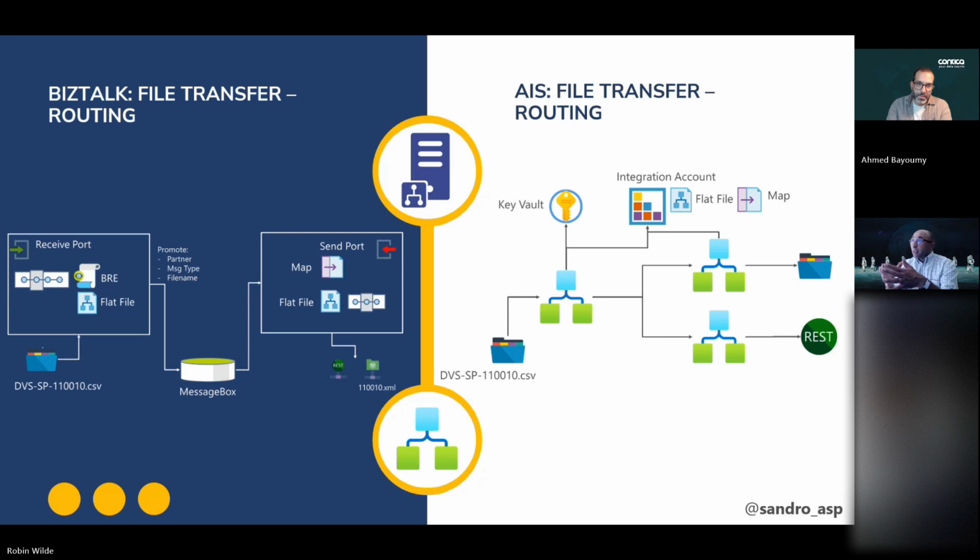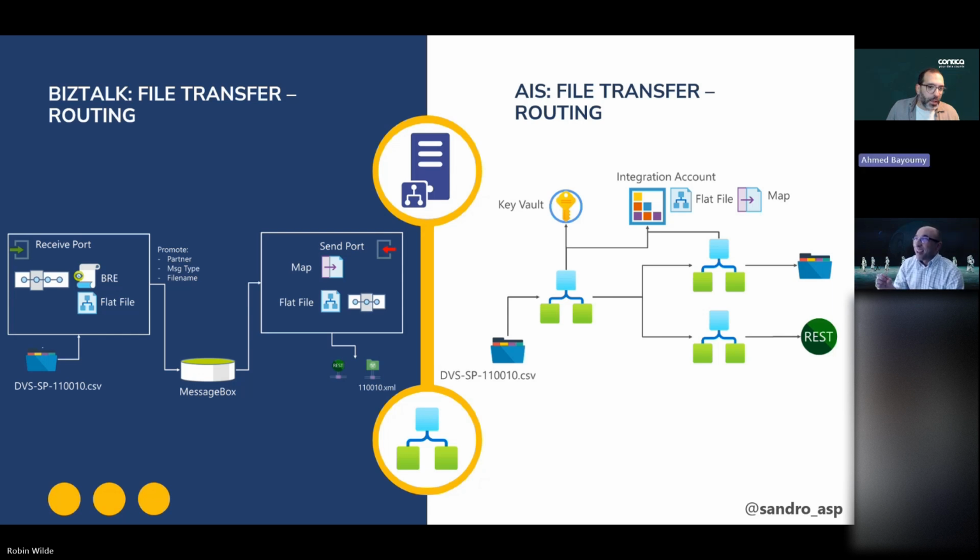I put the Key Vault there because it holds some URLs with private secrets. Based on the name of the source, I get the URL and call and route to different Logic Apps, using the HTTP adapter to send to different partners. So it's a different way to do this without Service Bus.